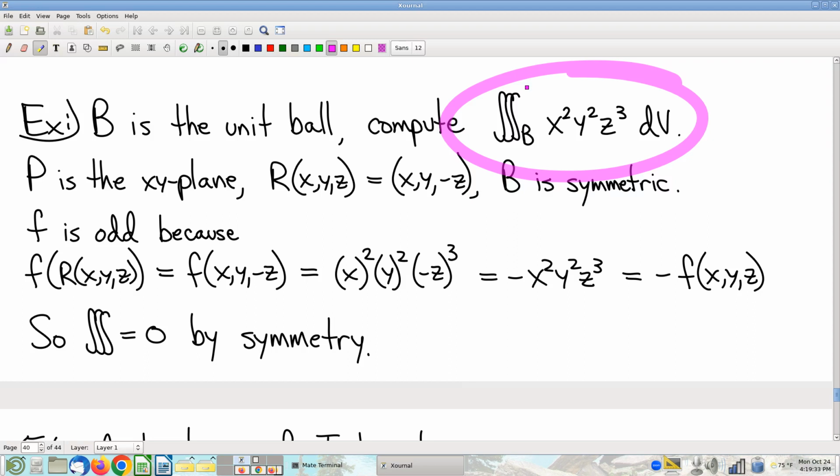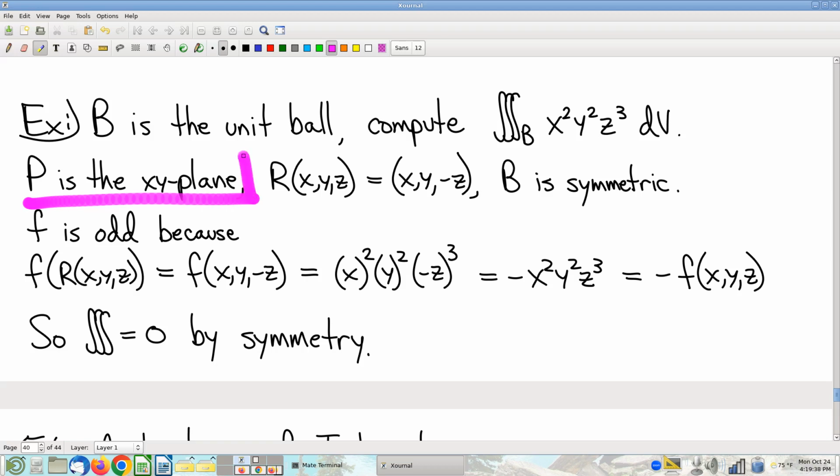So let's avoid that work. We're going to reflect through the plane that is the XY plane. If you think about it, if you reflect through the XY plane, you get a minus sign on your Z coordinate, like that. Your domain is clearly symmetric through the plane. It's a ball. Balls are symmetric through like every plane going through the origin.